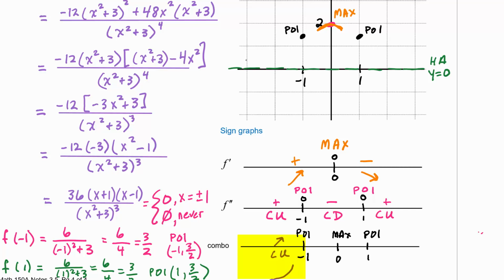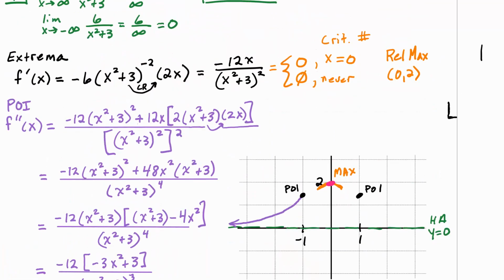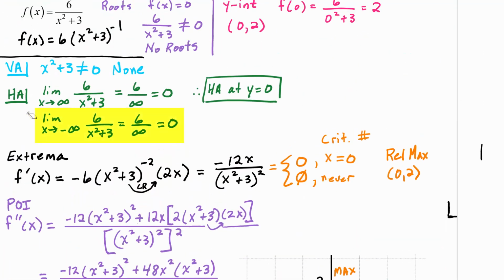That tells us to draw it like this on its way to that point of inflection. We translate this increasing and concave up section right there. And we know as x goes to -infinity, the graph is going to approach y equals 0. The reason we know that is because this limit told us as x goes to -infinity, the y value is going to approach 0.